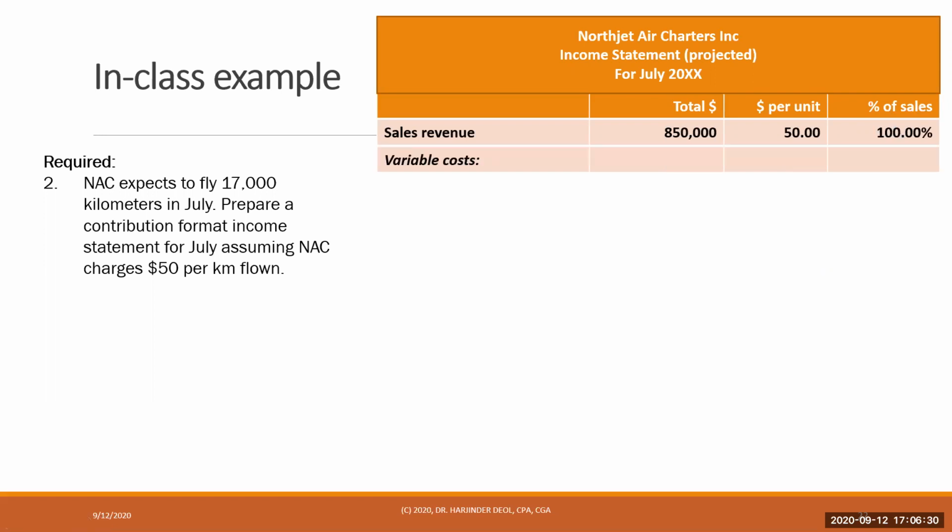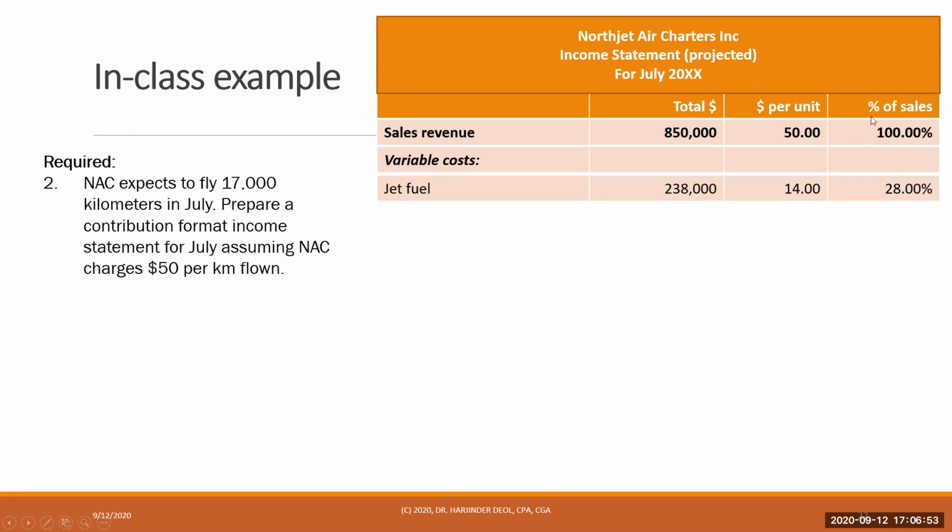Next up, we want to look at the variable costs. So variable costs, there's 2. We have the jet fuel cost, which costs us $14 for each kilometer flown for 17,000 kilometers, which works out to $238,000 in total.